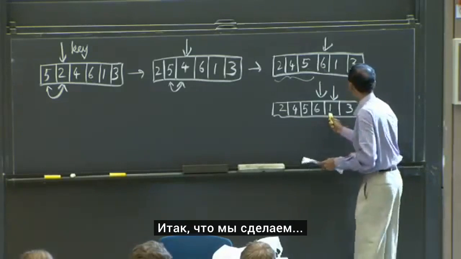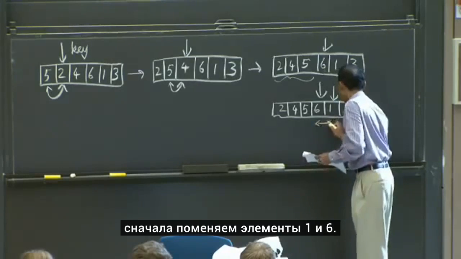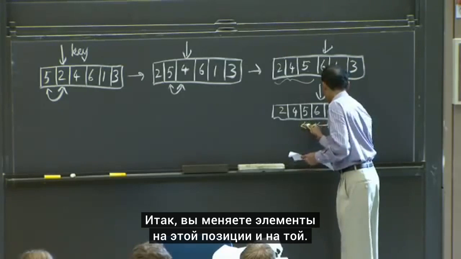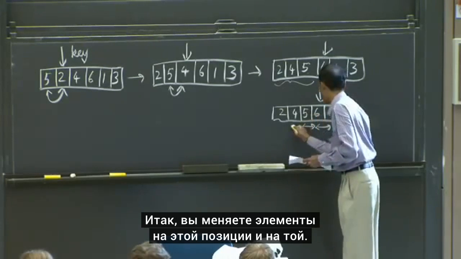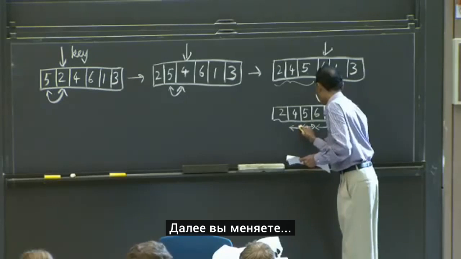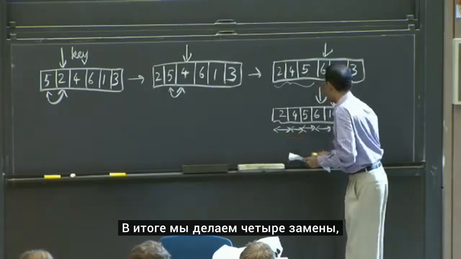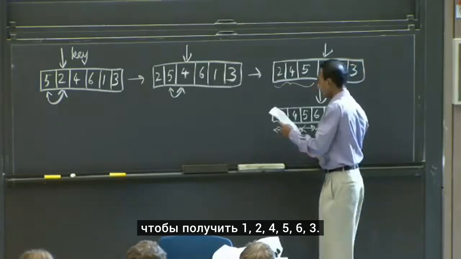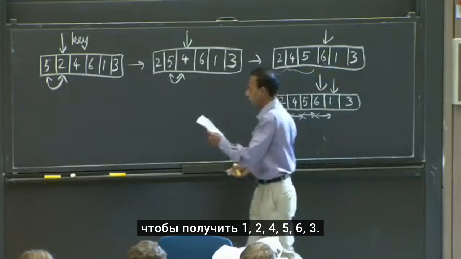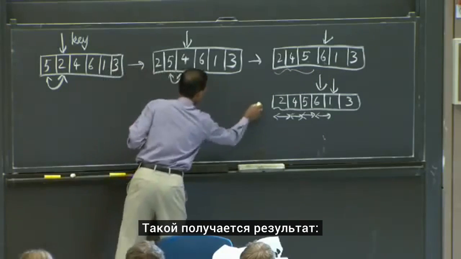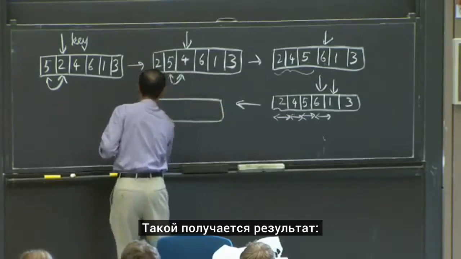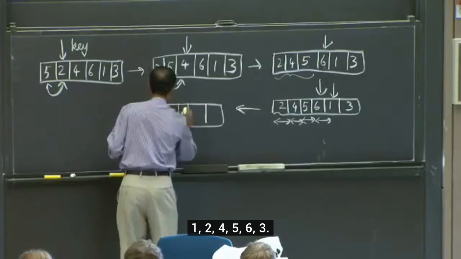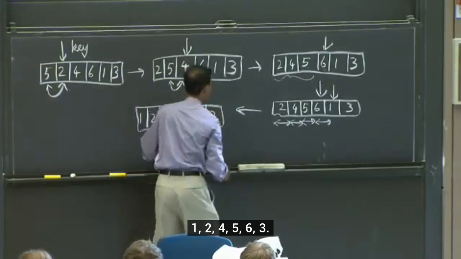So you're going to have to swap first 1 and 6, then you swap 1 with the next element over, and so on, essentially doing 4 swaps to get to 1, 2, 4, 5, 6, 3. So this is the result: 1, 2, 4, 5, 6, 3.